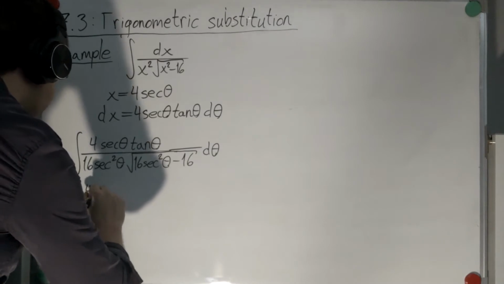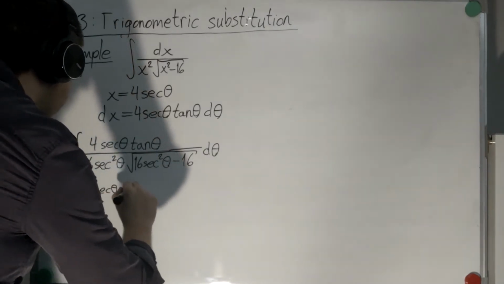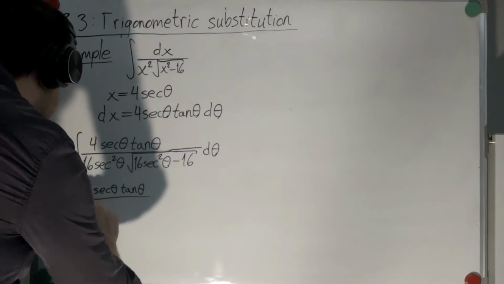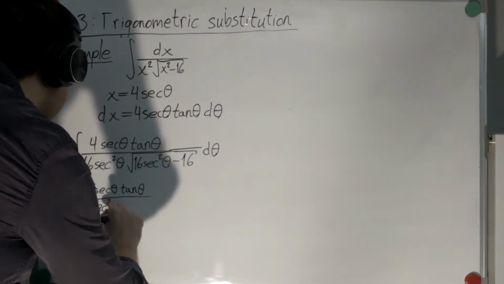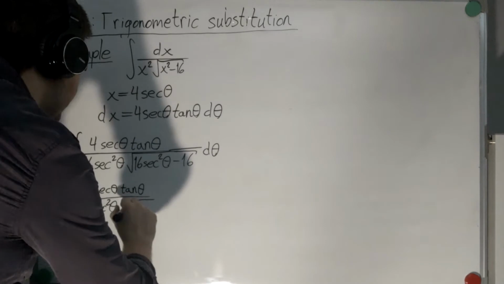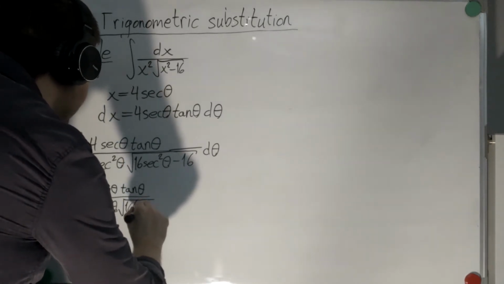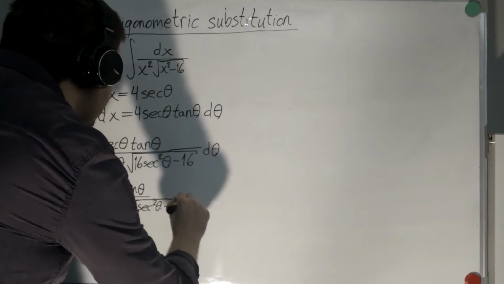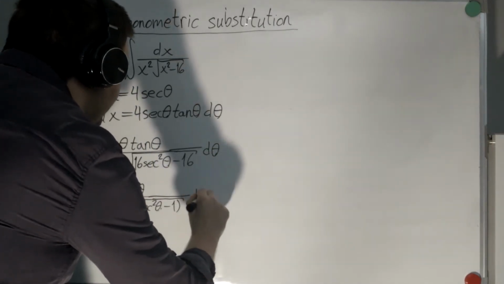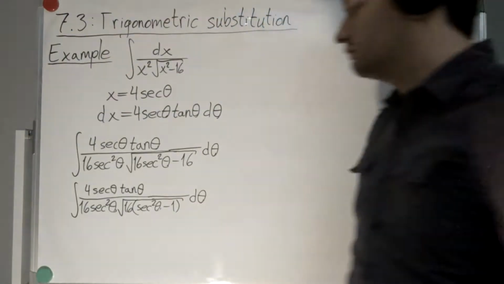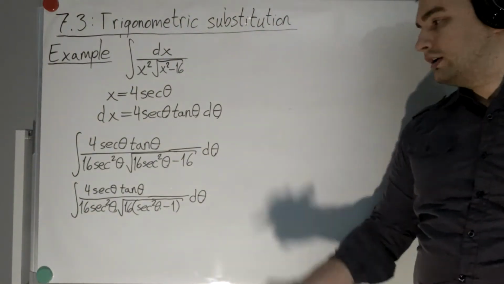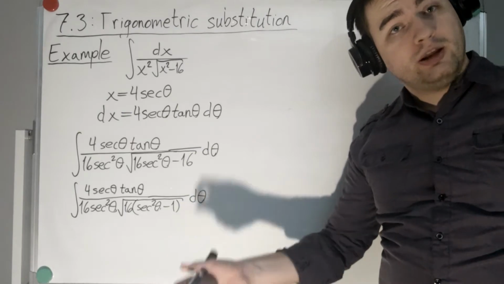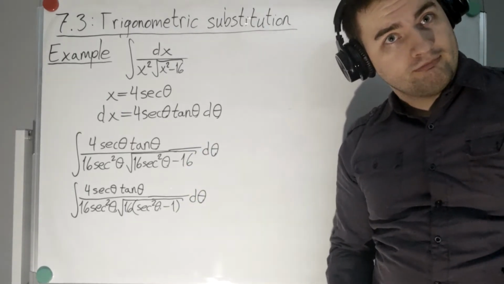So we get 4 secant theta tangent theta divided by 16 secant squared theta times the square root of 16 times secant squared theta minus 1 d theta. Now then, secant squared theta minus 1, that happens to be tangent squared theta.